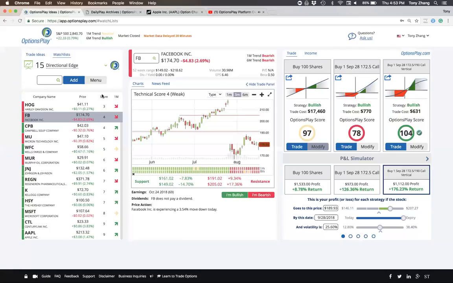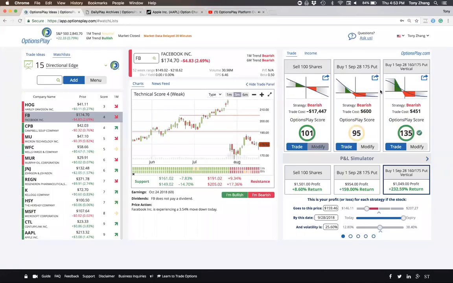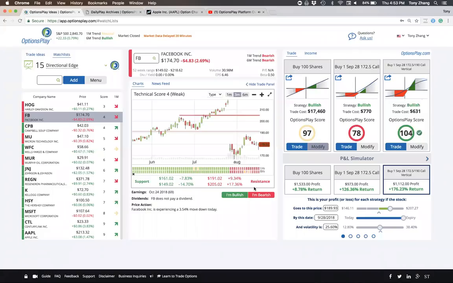If we said today we're bearish on Facebook and you should look at buying a put spread, but you decide that we're wrong and you think Facebook's going to go higher, all you have to do is click on I'm bullish, and you have a strategy right here instantly to take a bullish view on Facebook. No other platform or service in the world provides that.